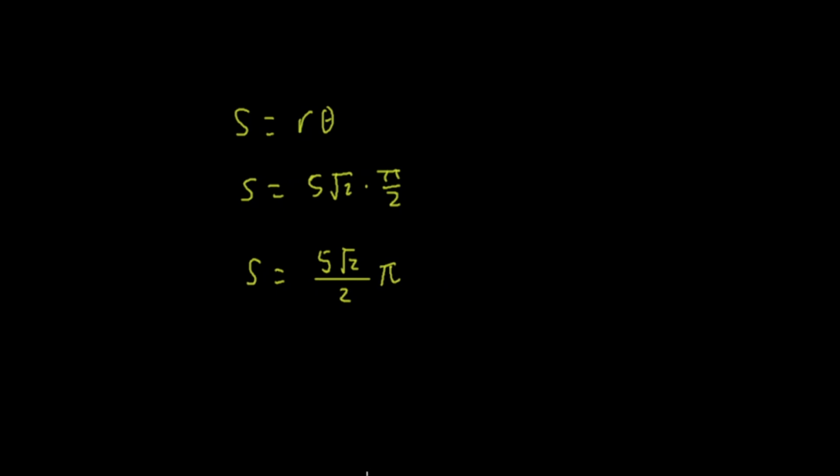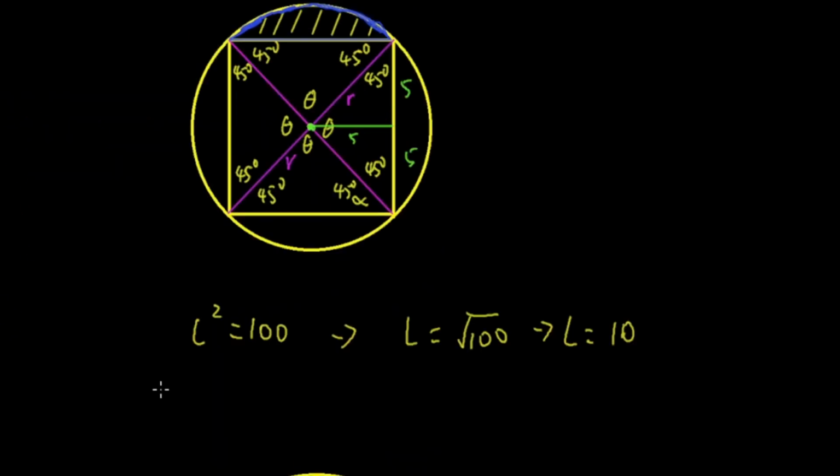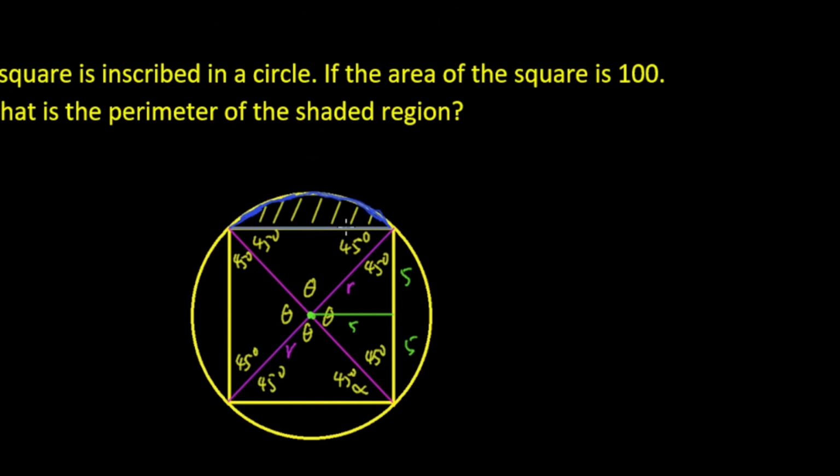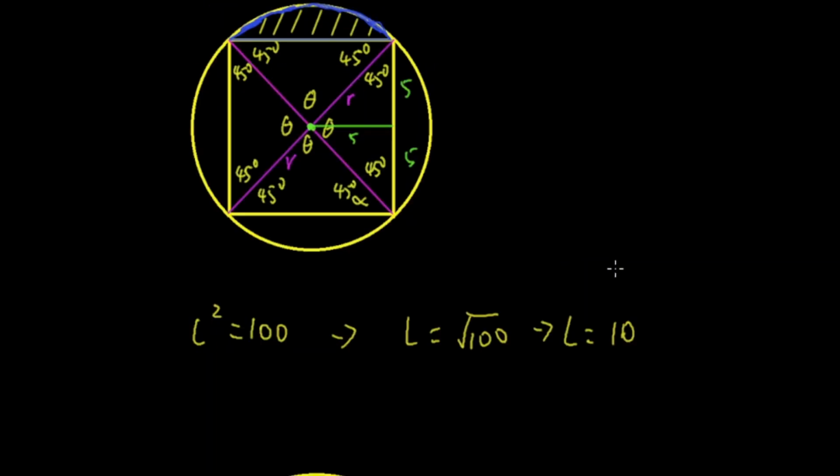Now, what's the perimeter of this entire blue line here? So it's the arc length plus this horizontal line. And we did say that this horizontal line is 10, right?